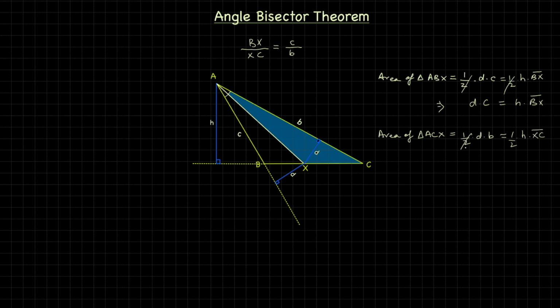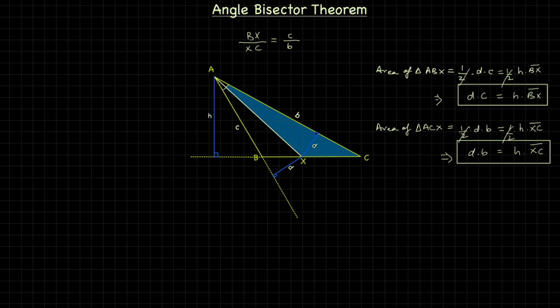Again, cancelling out the common terms, D times B is equal to H times XC. So now we have these two equations. If we divide the left hand sides and the right hand sides, we get D times C divided by D times B is H times BX divided by H times XC. And then cancelling out the common terms, we are left with C divided by B is BX divided by XC.